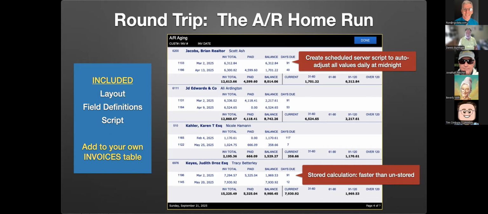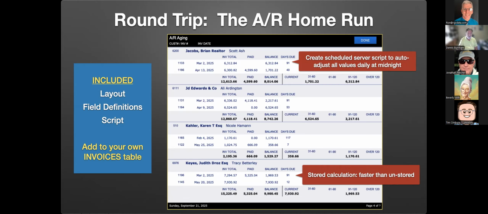If the day count is an unstored calculation, it slows down the process of running this report or doing inquiries. But if you run a server script that automatically adjusts those values in the field every day at midnight, then you know that anytime you run this report, the number of days due will be correct, and it will deposit that number into the proper column for either 30, 60, 90, or over 120 days.